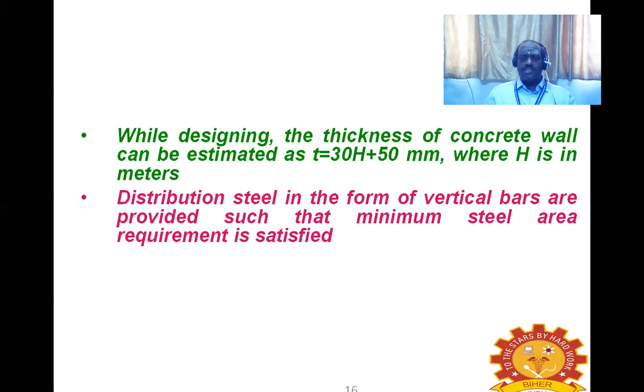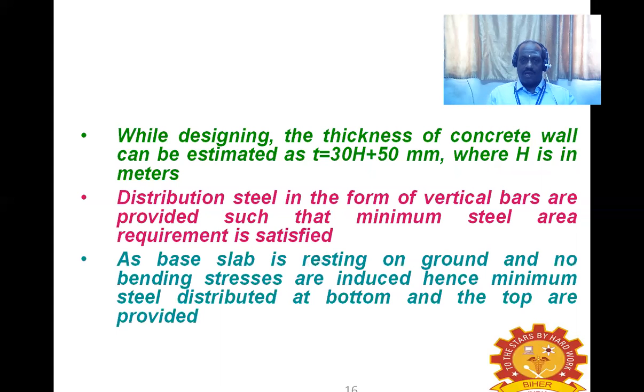And the distribution steel in the form of vertical bars is provided such that minimum steel area requirement is satisfied. Basically, the vertical reinforcement is meant to maintain the hoop reinforcement in position. So it is not going to be a major reinforcement, rather it is going to be the minimum steel required, which can be provided based on the codal provision, maybe 0.3% of the gross cross-sectional area.